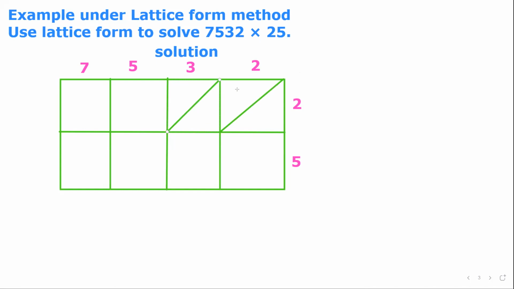So each box represents the ones and tens, and then you divide this one into two in a slided form. Okay, then you divide this one into two. Here you extend it out because that is the last end. Good.